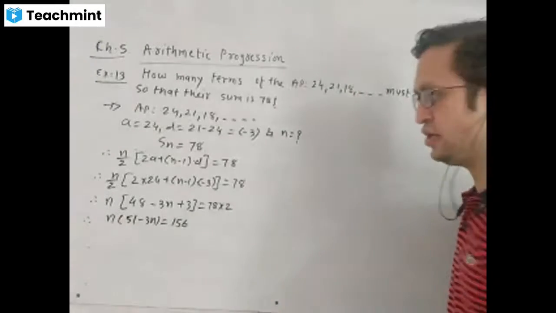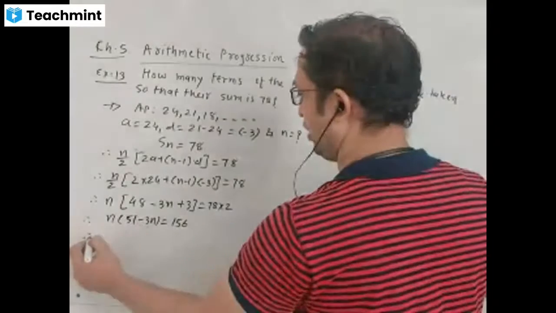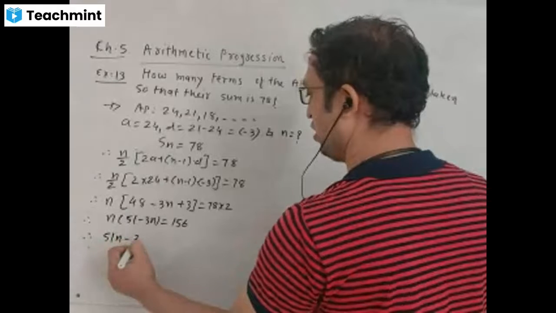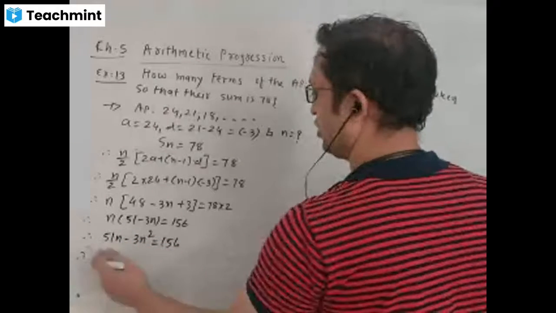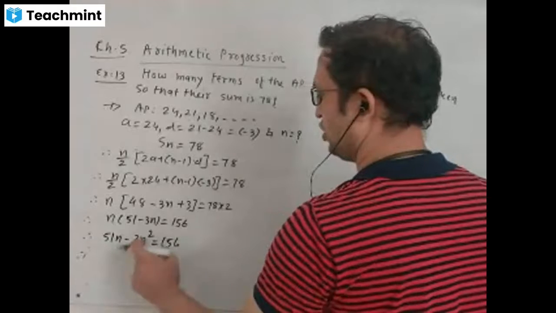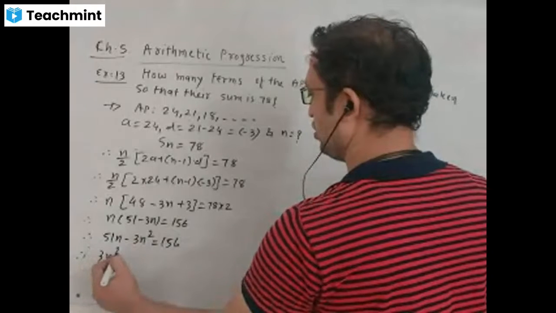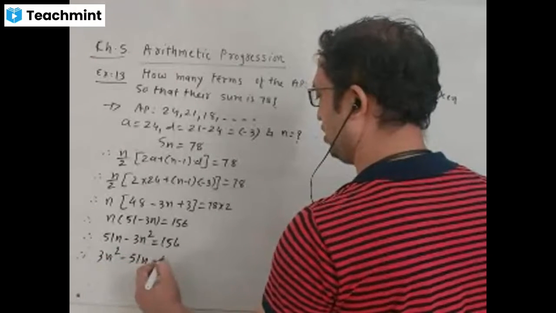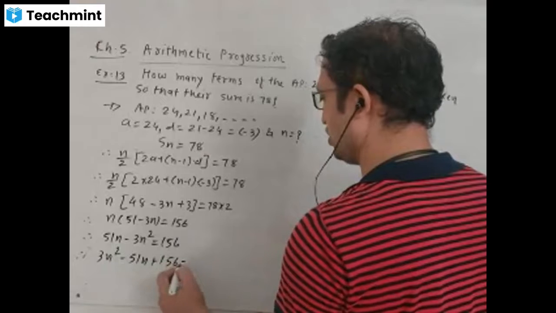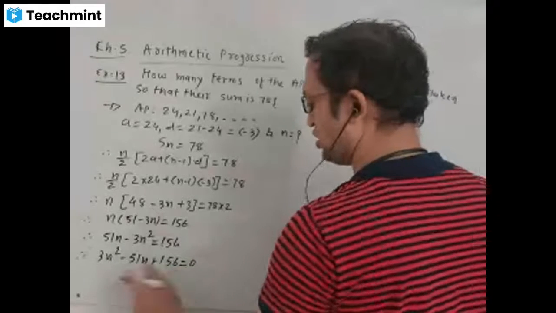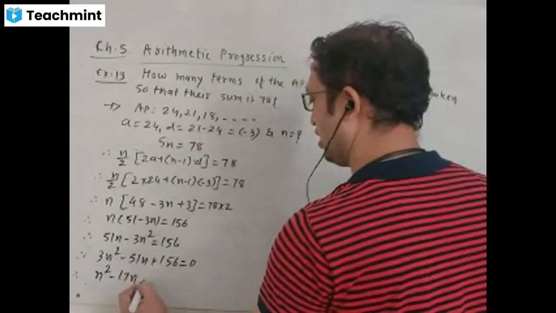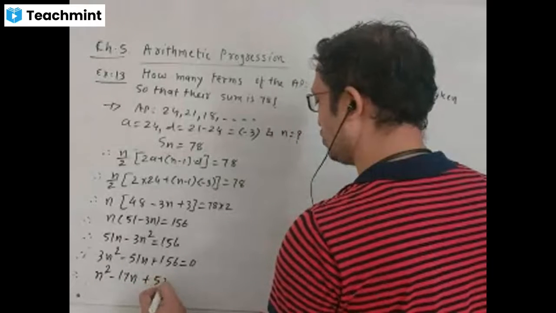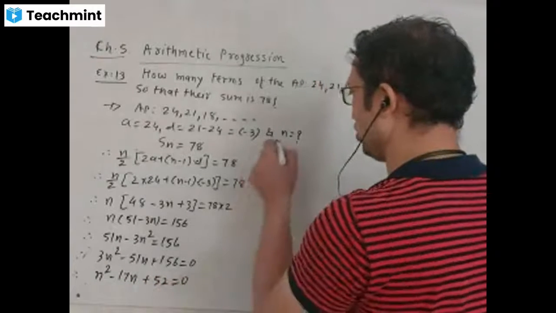So 51n minus 3n square is equal to 156. Transposing the terms, 3n square minus 51n plus 156 is equal to 0. Dividing each term by 3, n square minus 17n plus 52 is equal to 0.